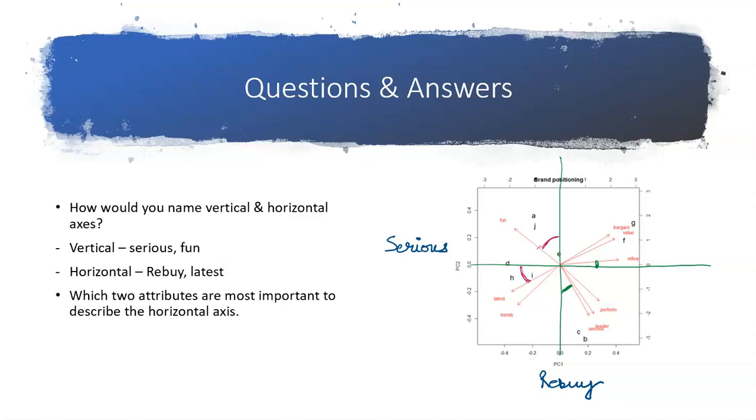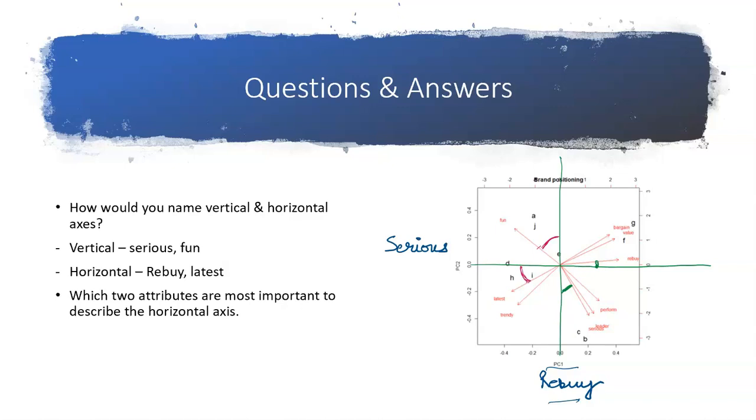Basically, you can extend PC1 and draw it here, and there's this horizontal axis, and then there's this vertical axis, and you can see the angle. The angle of rebuy with this horizontal axis is smallest, so we can describe PC1 as rebuy.